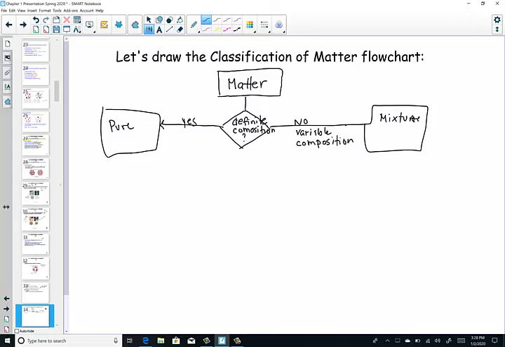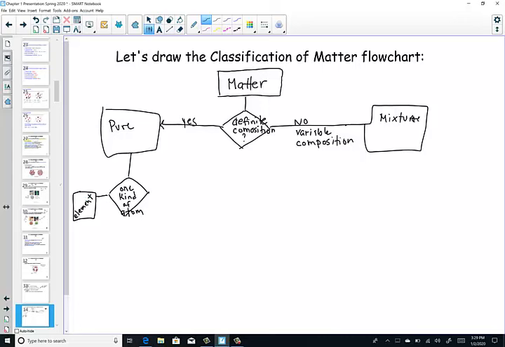Let's ask ourselves a next question under pure. Does it have only one kind of atom? If it only has one kind of atom, we label that as an element. Running out of room, so I squeezed it in.